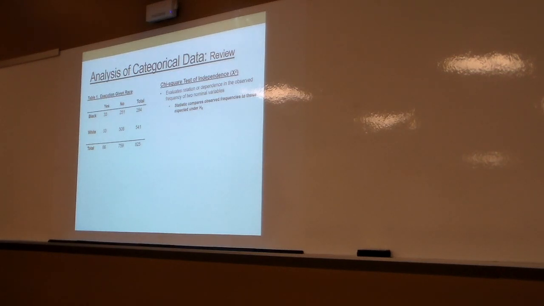What the chi-square statistic is looking at is comparing the observed frequencies to the expected frequencies, assuming the null hypothesis. Right? Null hypothesis says that x1 is unrelated to x2. Our null hypothesis says that the race of our defendant has no relation with their sentence.